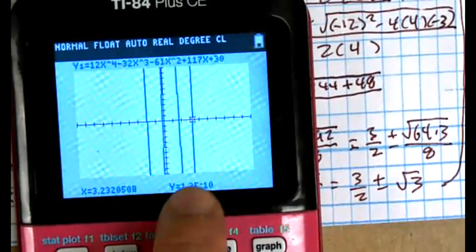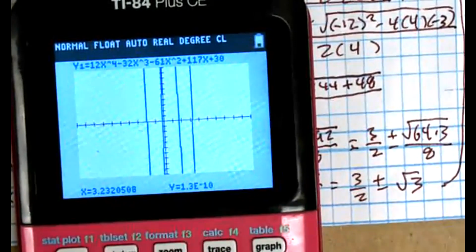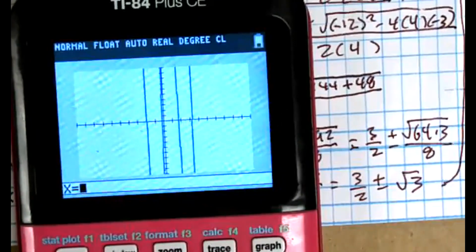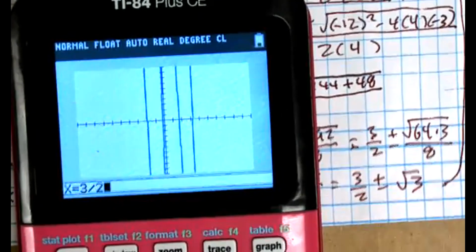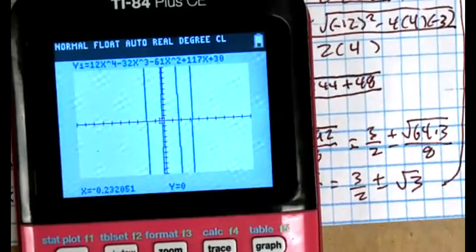I got something super close to 0. That makes me feel good about my work. Then I could type in the same thing with a minus instead, 3/2 minus square root 3, and hit enter. Oh, good. That makes me feel good.